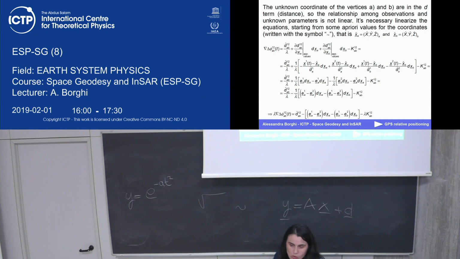So you can also use these approximated values. And when you linearize your equation, you are going to estimate the correction to these approximate values. This quantity is the difference.